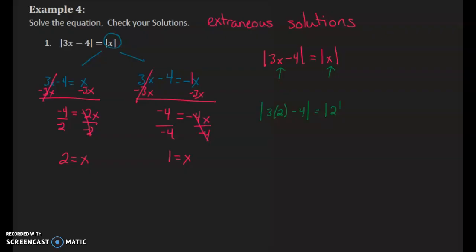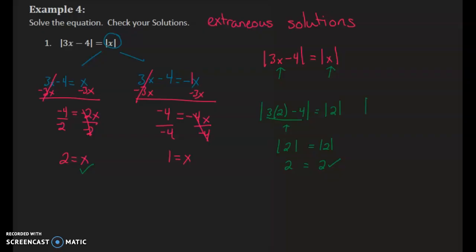And then the other side, I have absolute value of 2. So this is 6 right here minus 4. 6 minus 4 is 2, still in absolute values. Now the absolute value of 2 is 2. Remember, it moves it to a positive if it isn't already. And here the absolute value of 2 is 2. 2 does equal 2, so this one checks out.